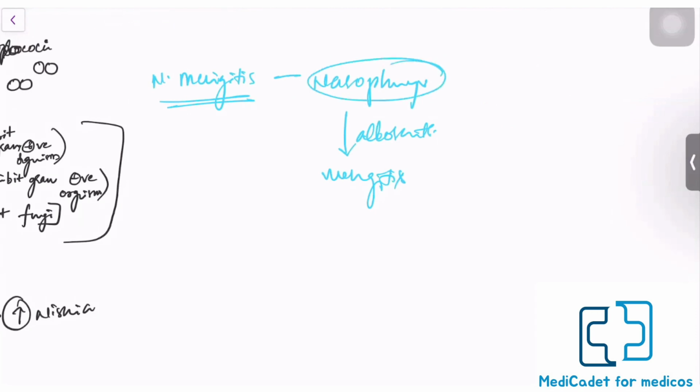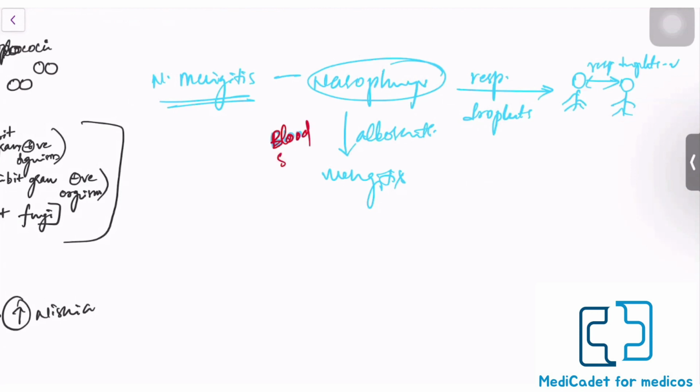Since it's in the nasopharynx, if one person has these colonies growing in his nasopharynx, with respiratory droplets it can transfer to another person, one to one. Then it can spread to the brain via the bloodstream, causing meningitis.